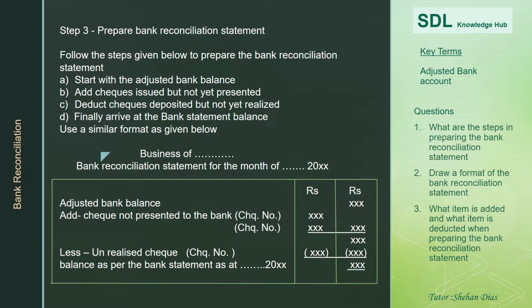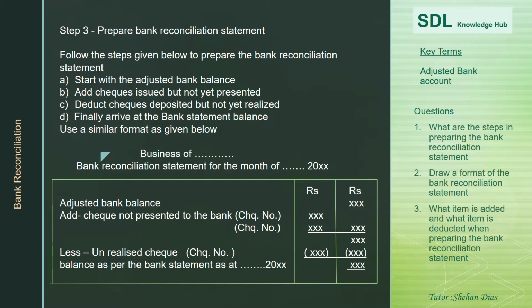Then the final step of this process is to prepare the bank reconciliation statement. To prepare the bank reconciliation statement, you have to start with the adjusted bank balance and then add the checks issued but not presented, and deduct the checks deposited but not realized.